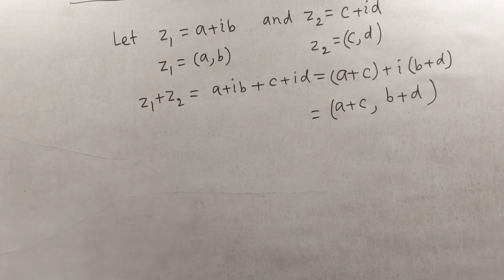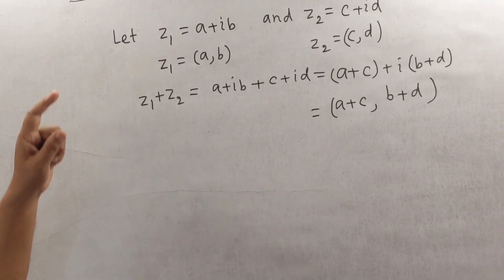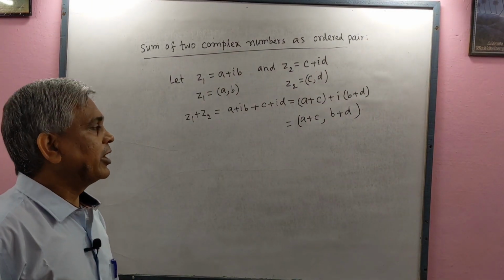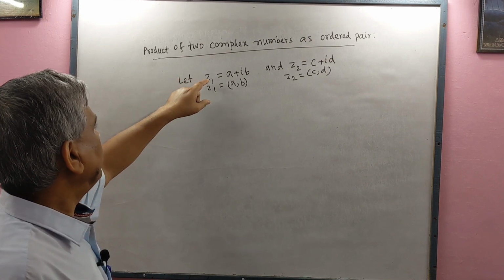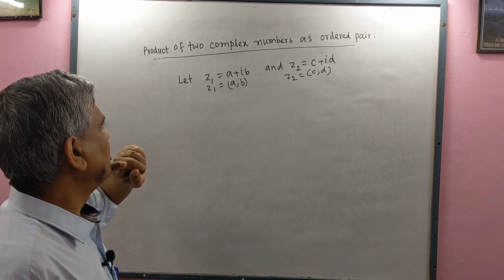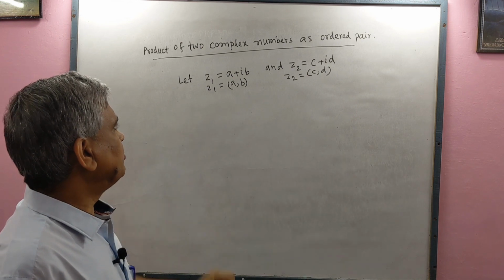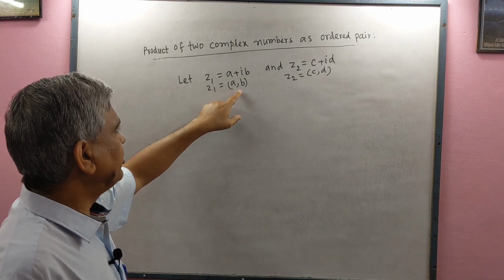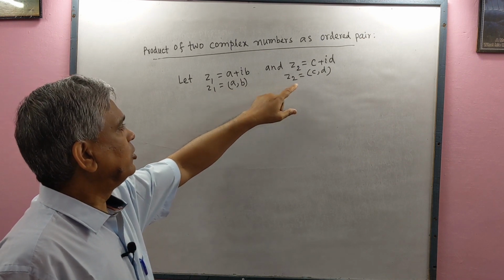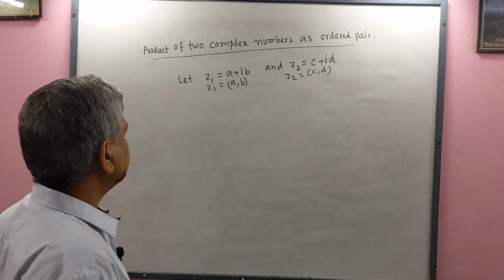Now we define product of two complex numbers as ordered pair. Let z1 equal to a plus ib and z2 equal to c plus id. As ordered pair, we may write z1 equal to (a, b) and z2 equal to ordered pair (c, d).